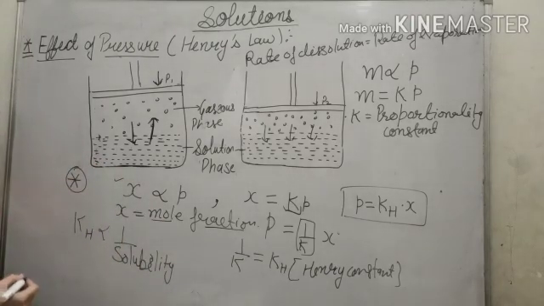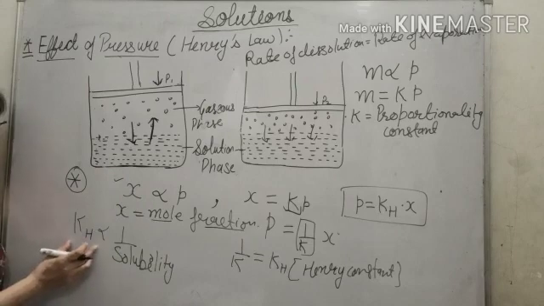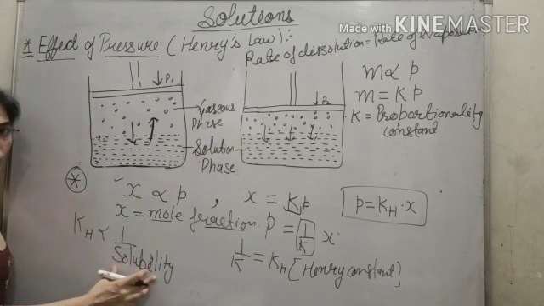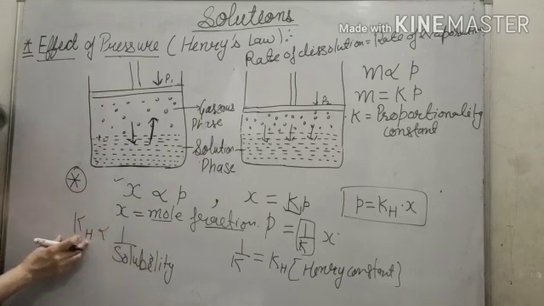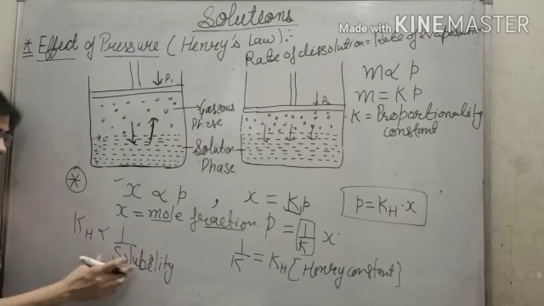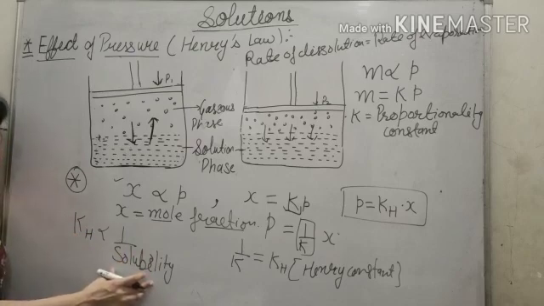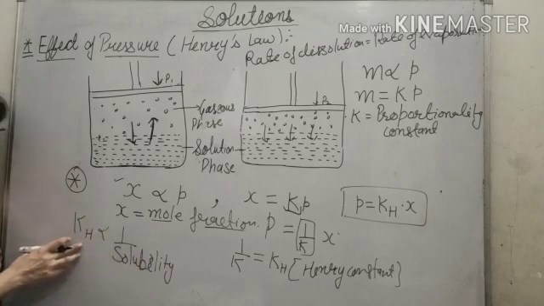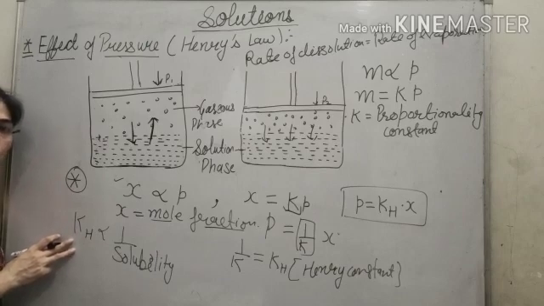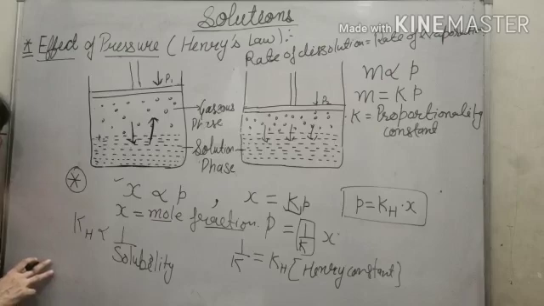Okay, if a gas has a higher KH, it means it is less soluble. If the value of KH is less, it means it is more soluble. So KH also determines the solubility of a particular gas at a particular temperature. Okay, students?